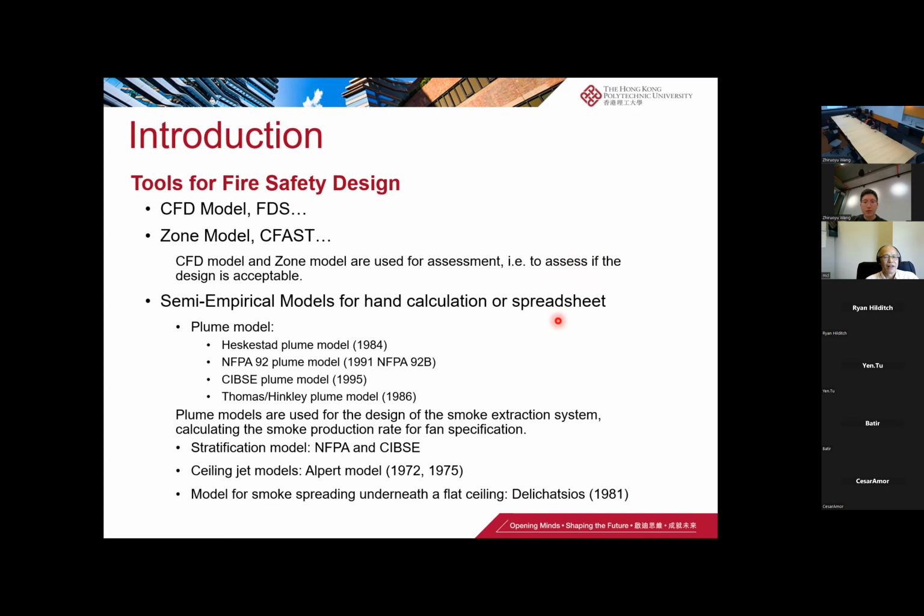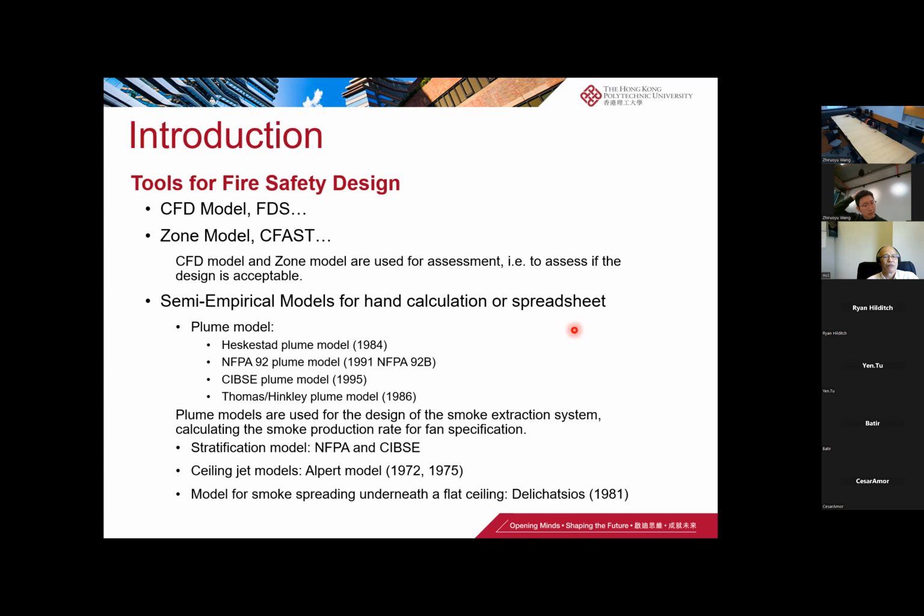Other tools are semi-empirical models. In the old days these were for hand calculation, but it's actually too complicated by hand because in many cases there is a transient state, so we normally use a spreadsheet.